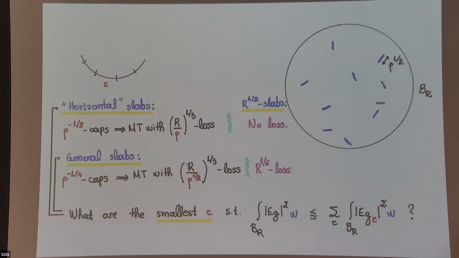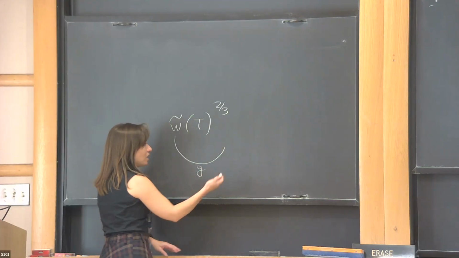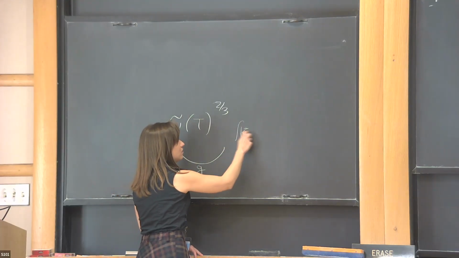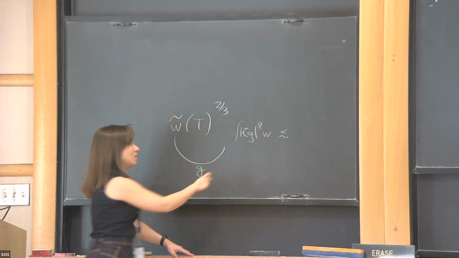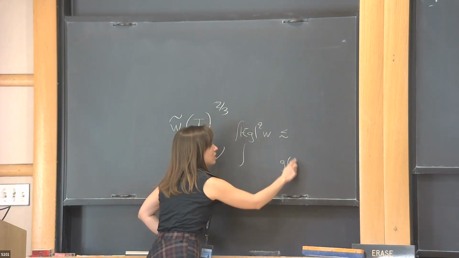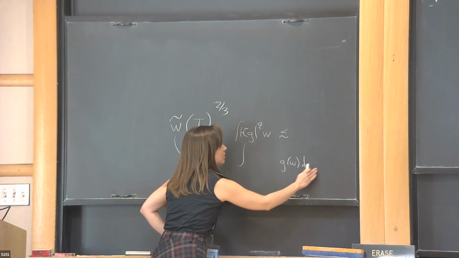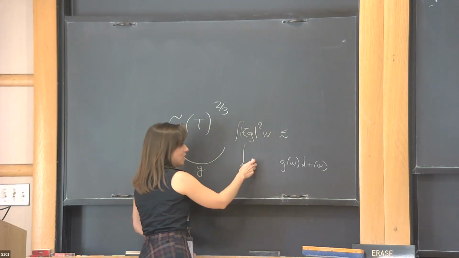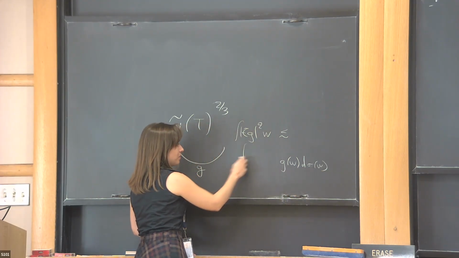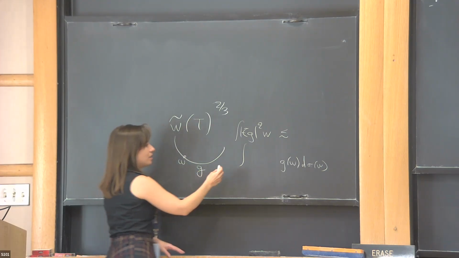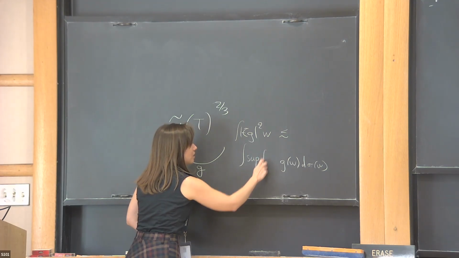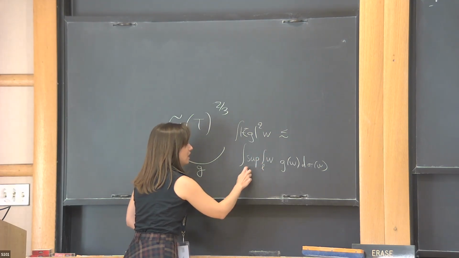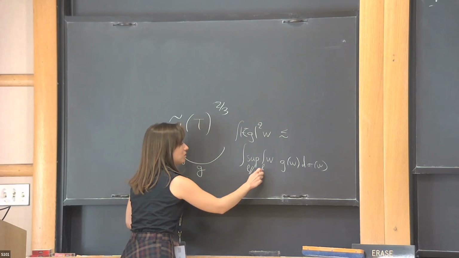His conjecture was that if you have your G here, and the weight, the integral of this would be at most the integral... So for every omega, you'd get the supremum of the integral of the weight on every line parallel to the normal.